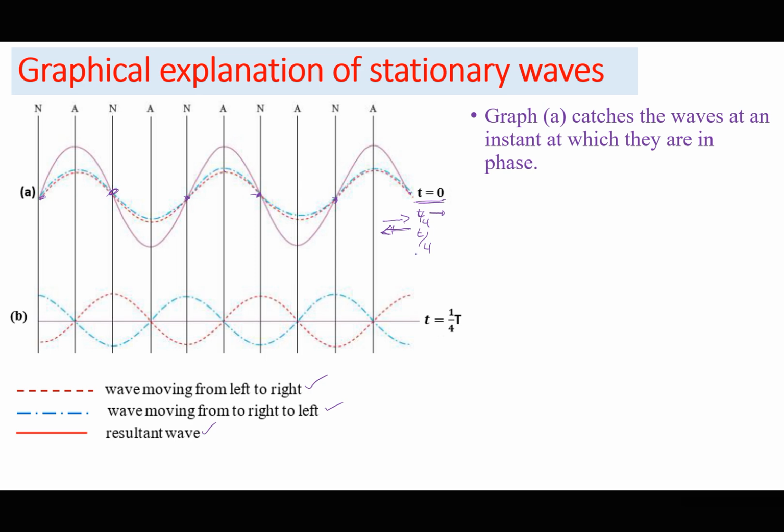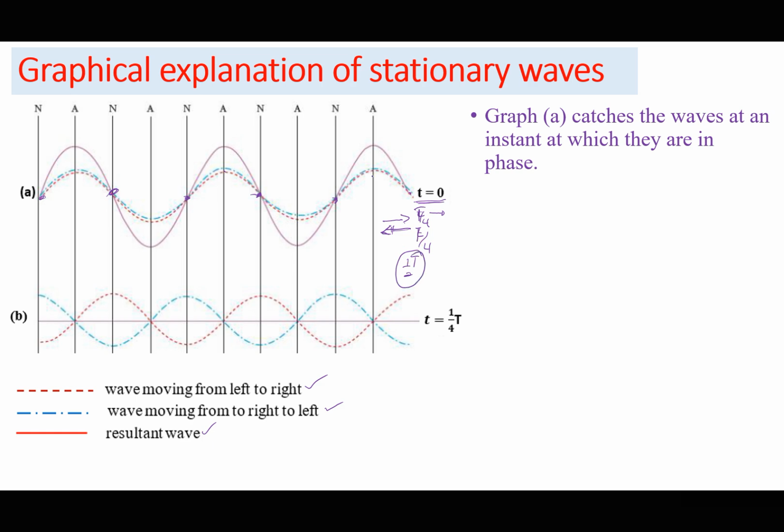So what has happened? A quarter cycle to the right and a quarter cycle to the left. It means those two corresponding crests are going to be half a period apart, or half a cycle apart.